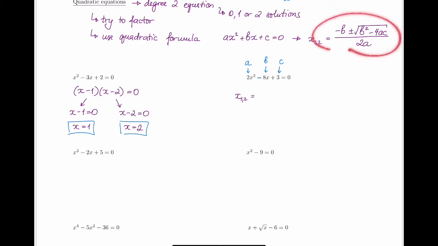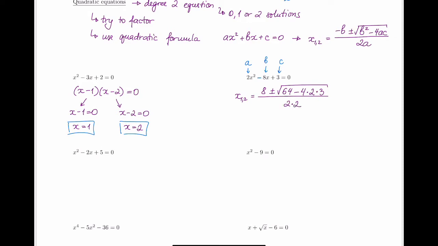And then following through the formula, plugging everything in, we're going to have -b, so -8 will give me 8, plus or minus the square root of b squared, 8 squared is 64, minus 4 times a, which is 2, times c, which is 3, all over 2 times a, which is 2.